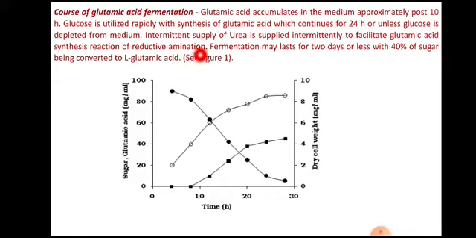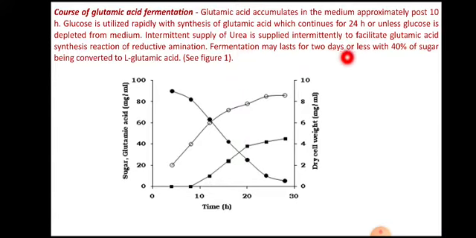The important thing is that there is an intermittent supply of urea. That means there has to be regular addition of urea, supplied intermittently to facilitate the glutamic acid synthesis reaction, that is reductive amination, which we'll see in the next slide.